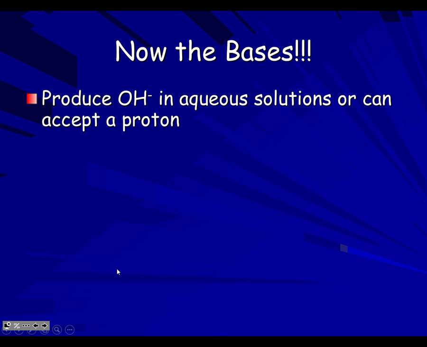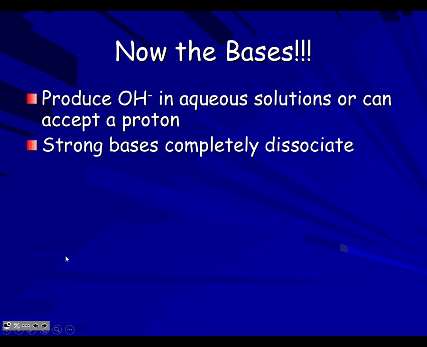And remember, we typically look at them as accepting a proton. When they accept that proton, they actually end up making hydroxide in the process as well, because they are accepting protons from water. Just like before, this is stuff you already know. Strong bases completely dissociate. So when we are working with the strong bases, we have an arrow going one direction.